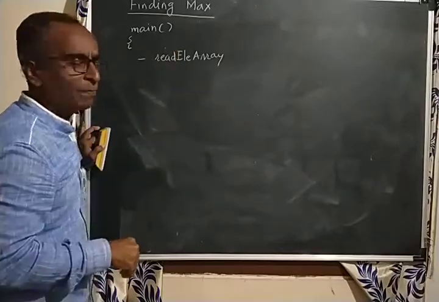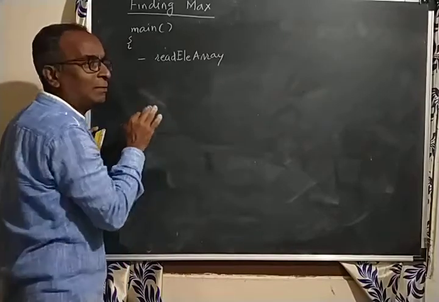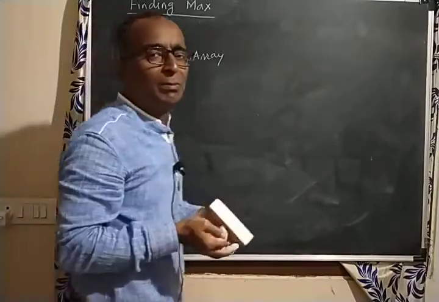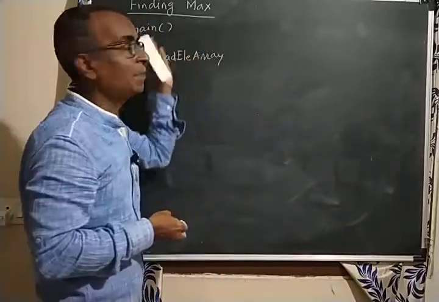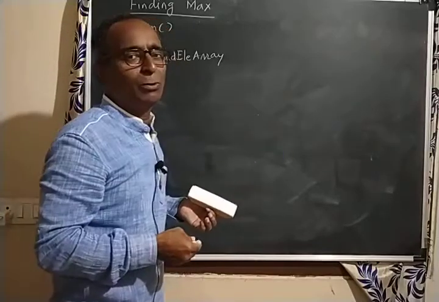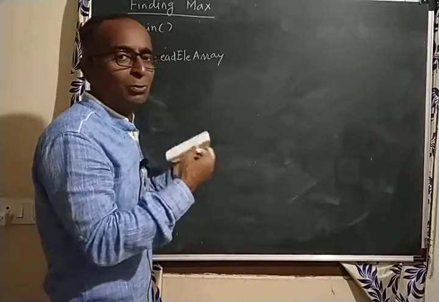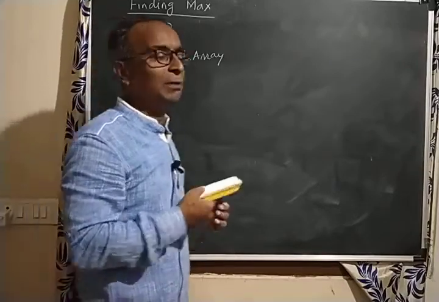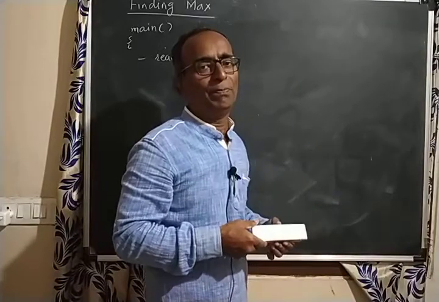you can write. Now here after reading, what I want to do is I want to give the task of finding maximum to other person. I don't want to do. I am main. I don't want to do that. Some other person I want to give this task. So when I want to give this task to somebody else, I have to give the list to him. The array, I have to pass array to him.